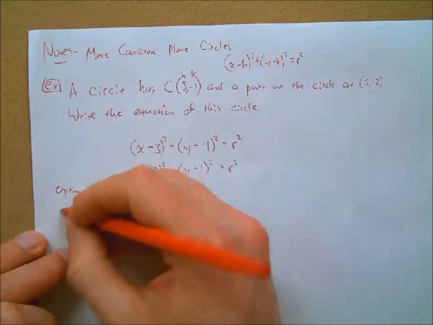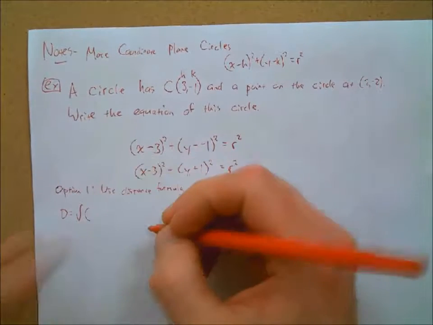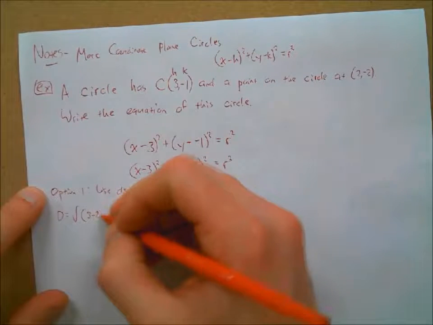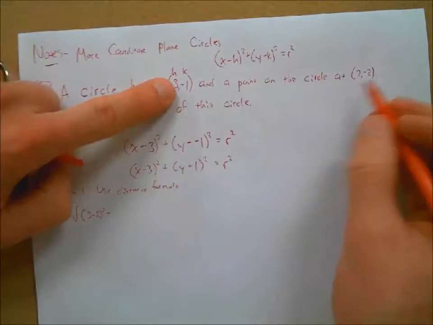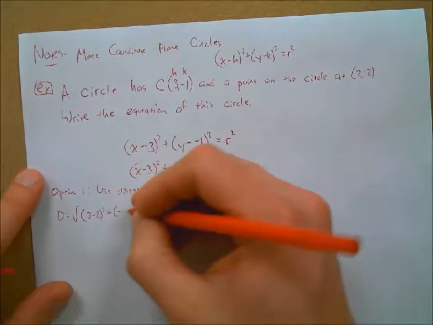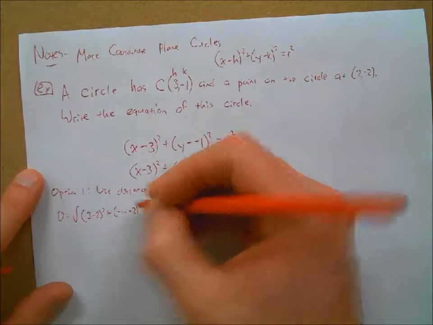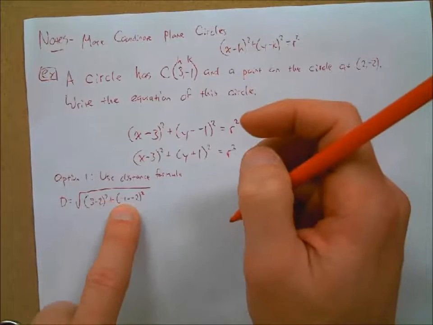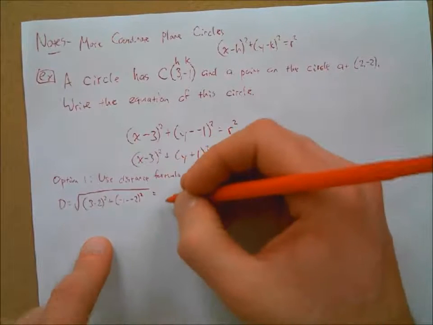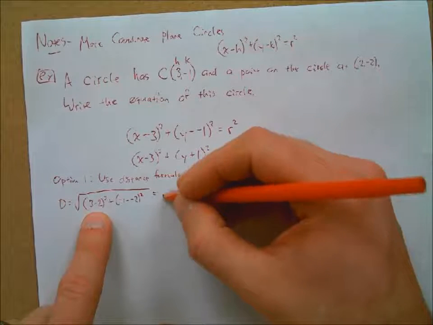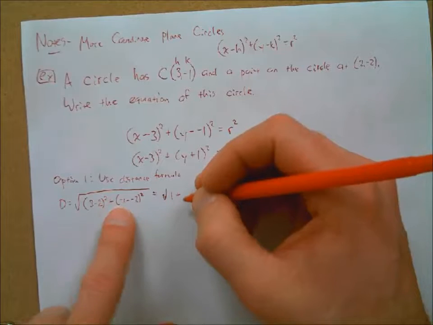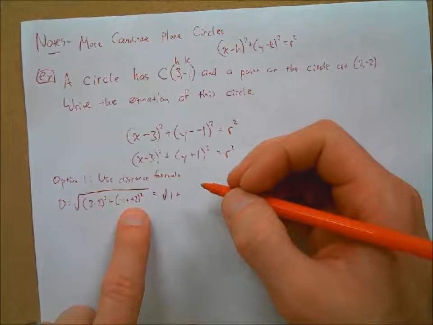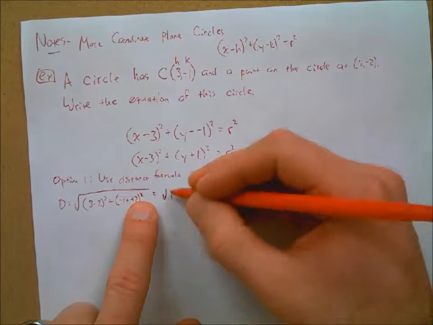So distance equals the square root of, and we'll subtract our x coordinates, 3 minus 2, plus subtract our y coordinates, -1 minus -2, squared, of course. So x minus x squared plus y minus y squared. 3 minus 2 is 1, squared is 1. -1 minus -2 is really plus 2, so -1 plus 2 is 1, squared is another 1, and so we get the square root of 2.